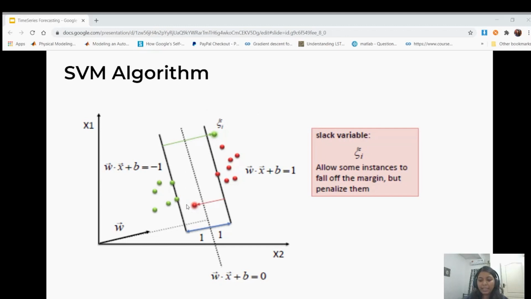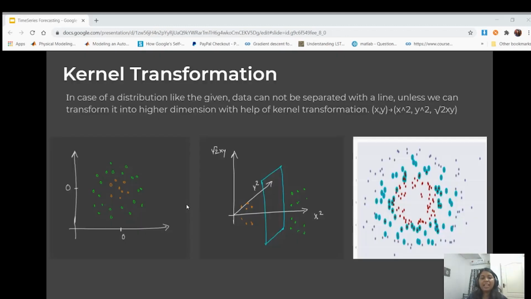The third point is if the data is non-linear. You can see that a line cannot differentiate between positive and negative. Even a plane cannot differentiate between positive and negative. But when we introduce a 3D mapping, if we map all the data in a 3D plot, we can easily differentiate between positive and negative.